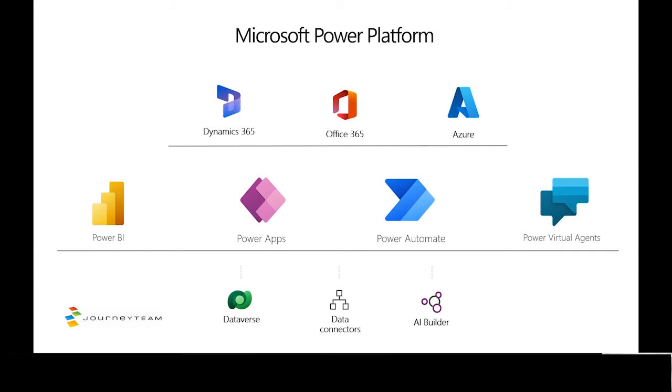Then Power Apps allows us to quickly spin up apps. There's multiple different types of apps. I'll explain those a little bit later that we can deploy within our organization, so our employees can use them to help them with processes. And then we have Power Automate, which helps us automate processes. Power Automate is also called Flow. You'll hear those terms used interchangeably. Obviously, it's easier to say Flow.